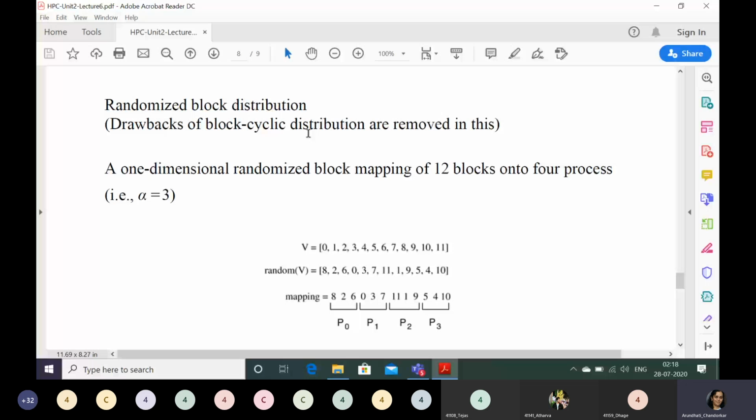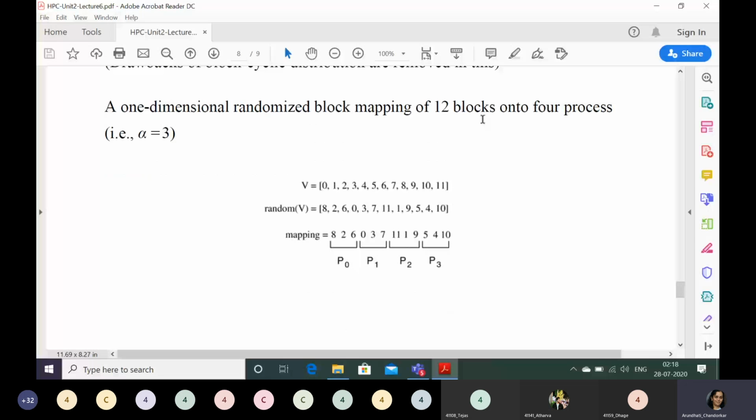A one-dimensional randomized block mapping of 12 blocks onto 4 processes is shown here. I will explain this. First, this input you will need, and for the sample, alpha is assumed to be 3. So nothing to do with the previous equation now. Just see randomized. How to randomize it? 12 blocks and 4 processes, alpha is 3.